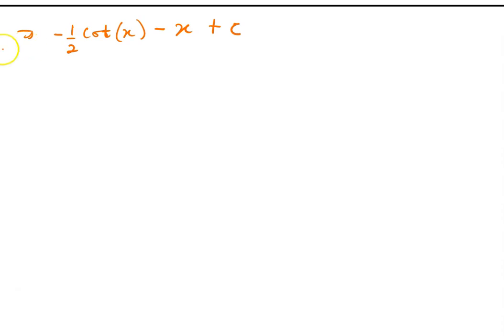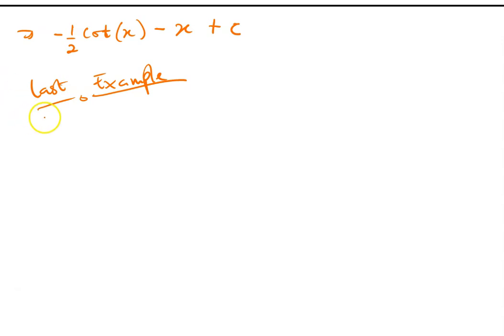At this moment, let's solve one last example, which combines partial fractions and some aspect of trig.